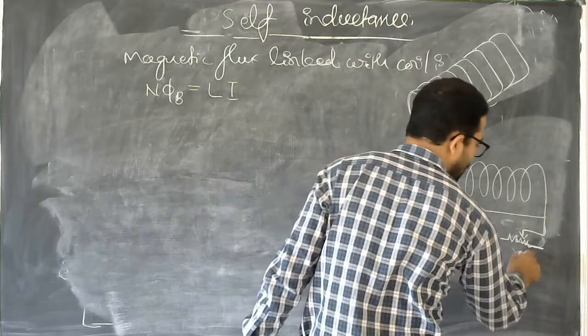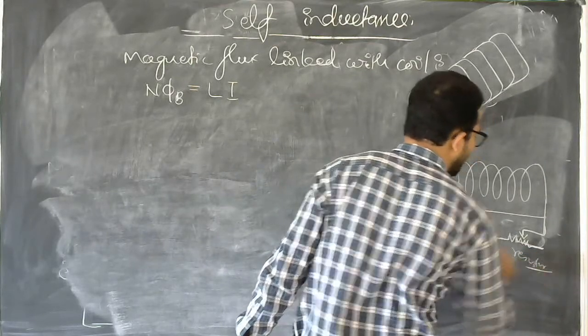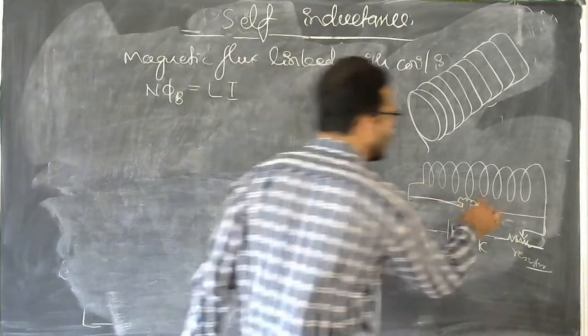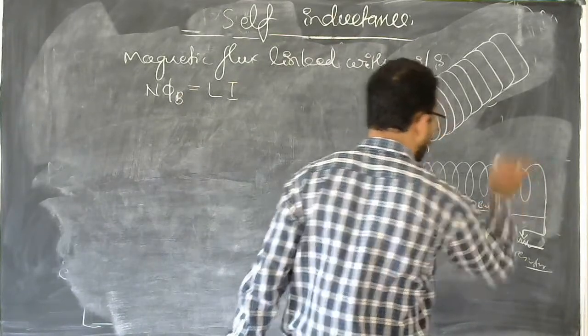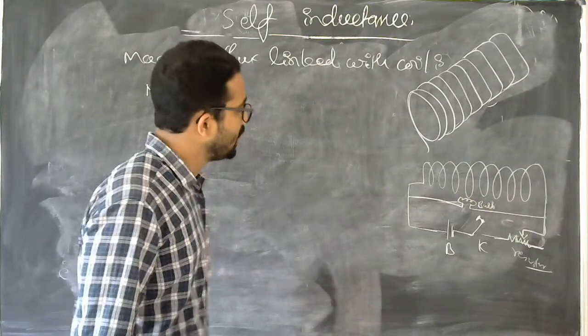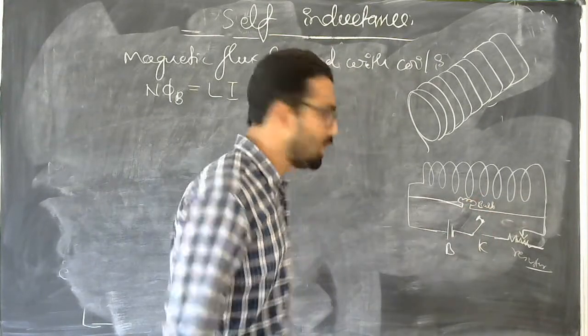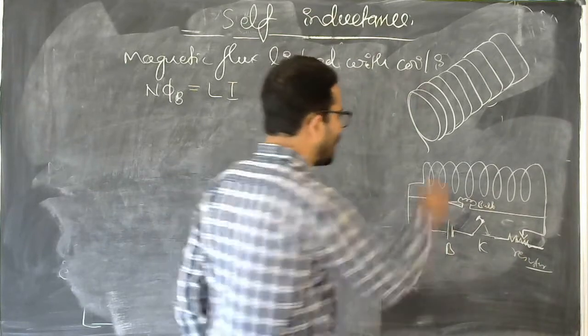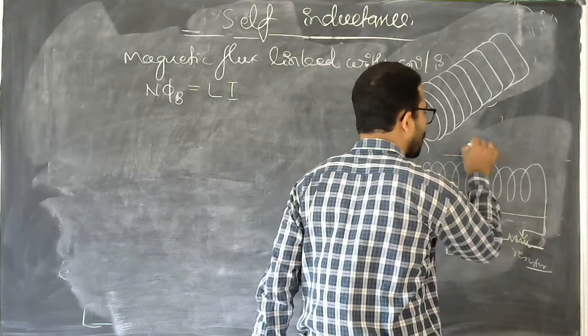This is a resistor, a variable resistor, this is a solenoid, and this is the bulb. When you press the key, current will flow like this.